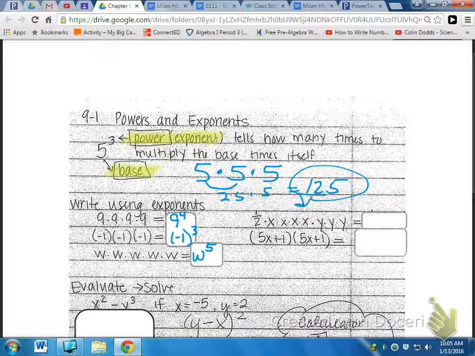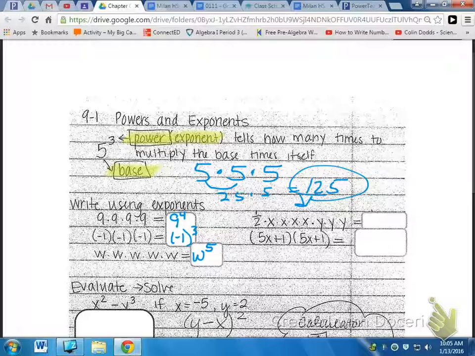Okay, now we're going to kind of expand things here on the right. It is 1/2 times x times x times x times x times y times y times y. So that just means each part where the base repeats, you write that base to how many times it's there. There's going to be a number in front. Sometimes that happens. But what would the final answer be of that in simplest form using exponents?